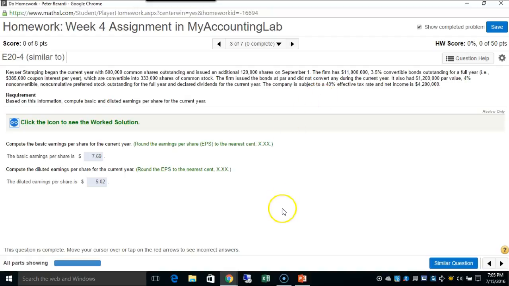On the denominator side for diluted earnings per share, we have to figure out how much of the 333,000 shares of common stock are reflected in the denominator. In this case, the convertible bonds were not converted, and they were outstanding for the full year. So first, let's tackle our basic earnings per share.